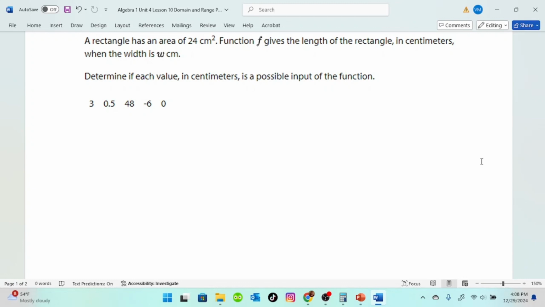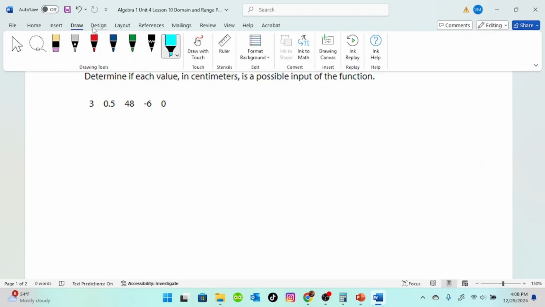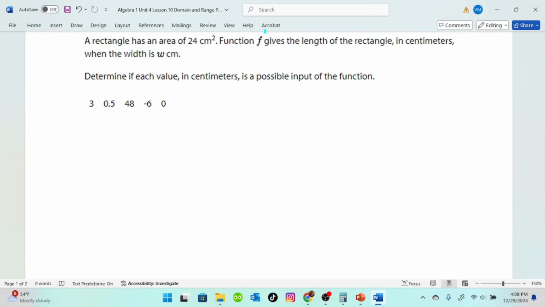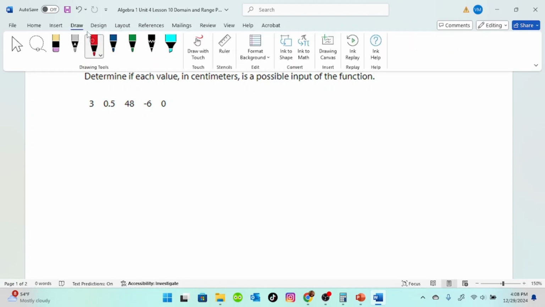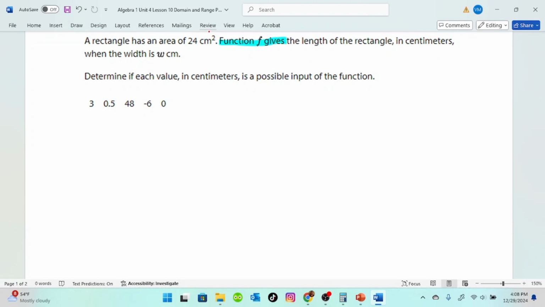So, a couple of things to make sure we understand before we solve this. First, anytime I see function f gives, it gives the output using the input.